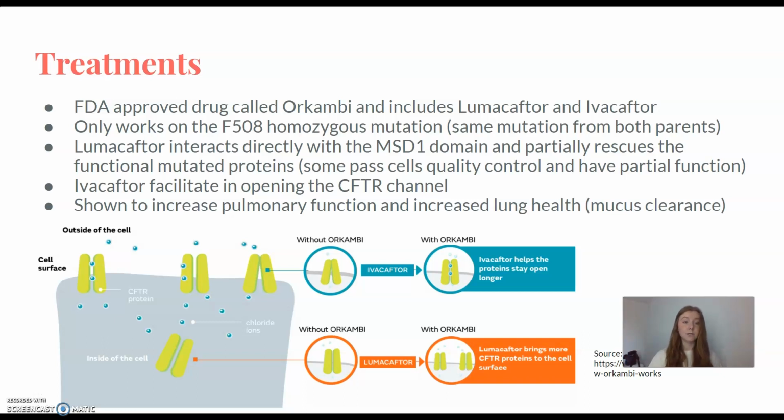And it's shown to increase pulmonary function and increase lung health and also mucus clearance. So in the picture, you can see ivacaftor is helping the protein stay open longer, so things can pass through it, and then the lumacaftor brings more of the CFTR proteins to the cell's surface.